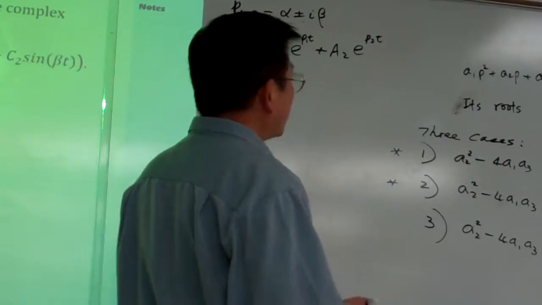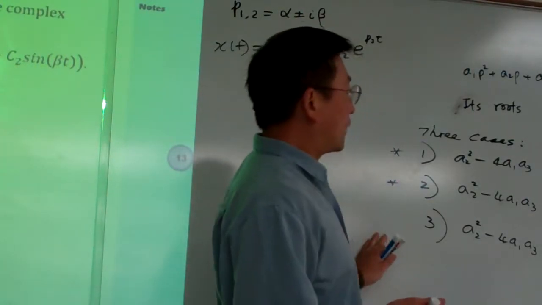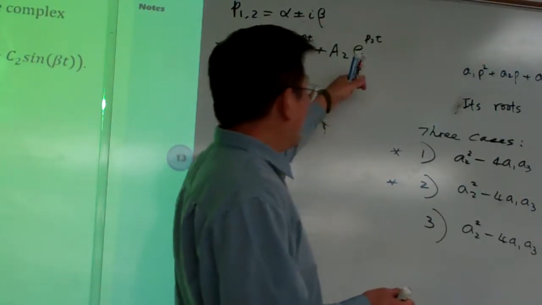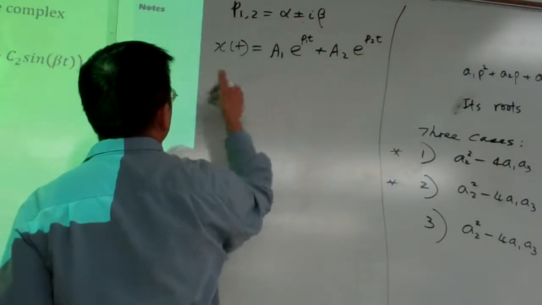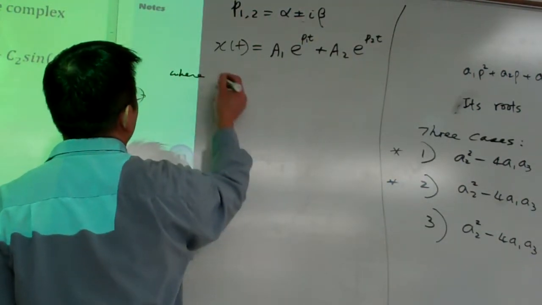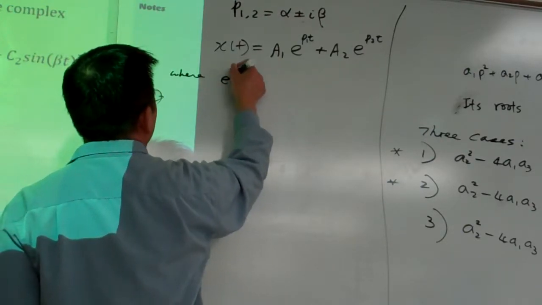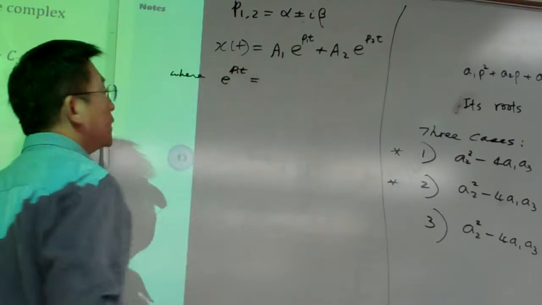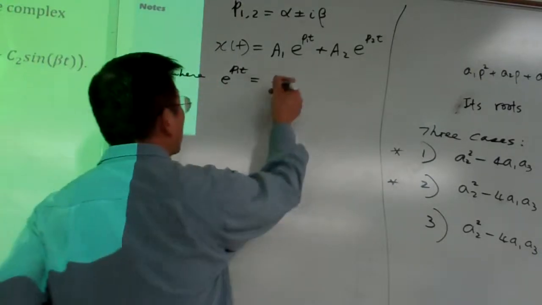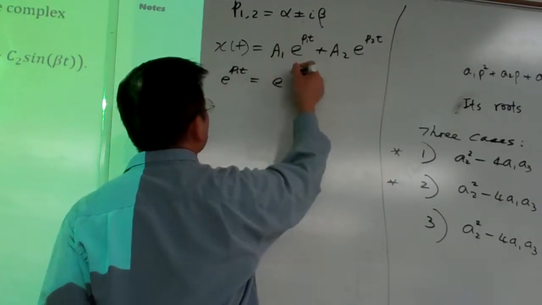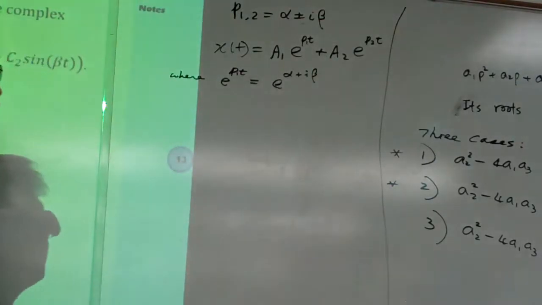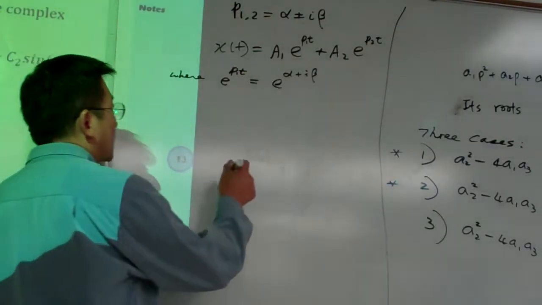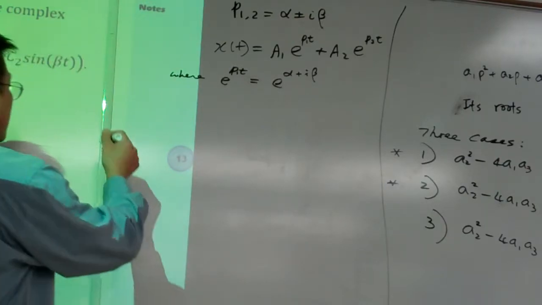Okay. I like to keep these portions, so let me utilize this space here. For the first term, we simply introduce p1, for example, is alpha plus i beta. And again, here we utilize the equations.